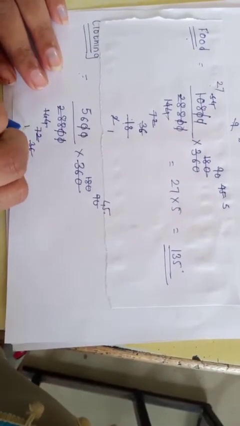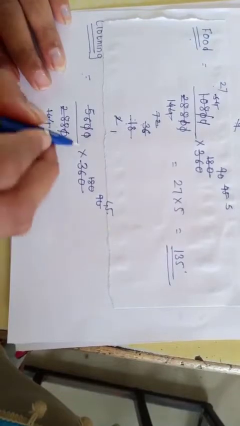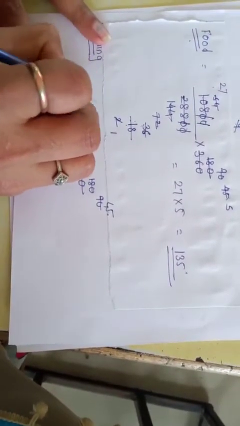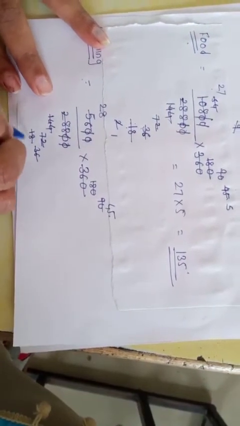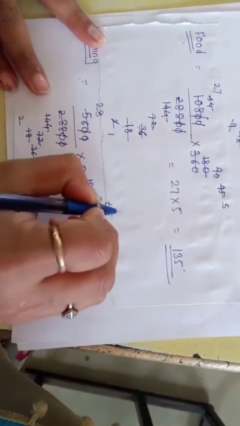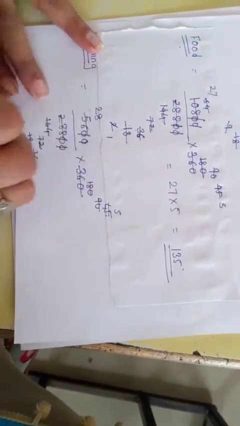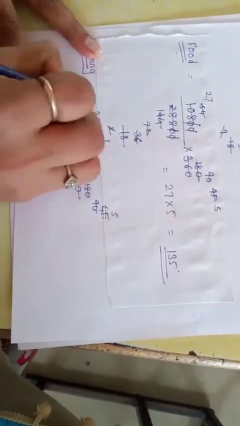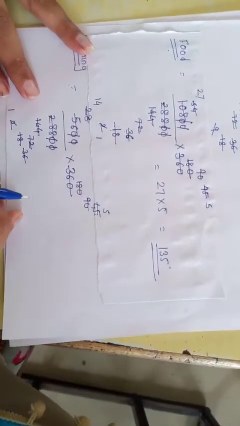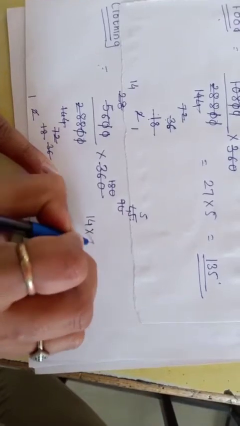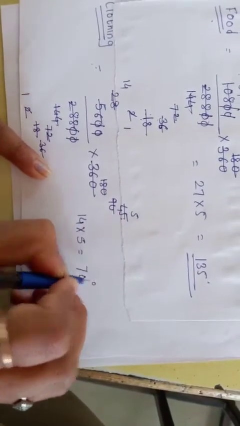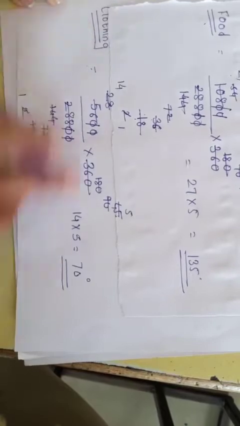Then 18 and we have to divide this 56 now by 2. So we get 28. Then we will be reducing it by 9. So we get here 2 and we get here 5. Now this by 2, here we get 1 and we get 14. So 14 5s are 14 into 5 is 70. So we get the value of 70. We get the value of clothing as 70. Understood? Yes.